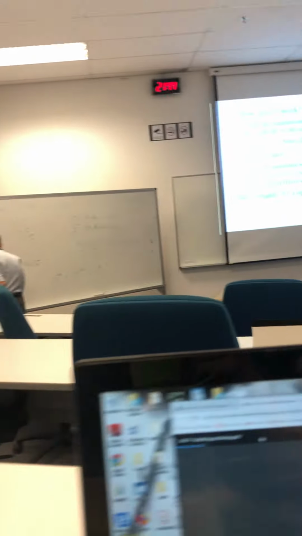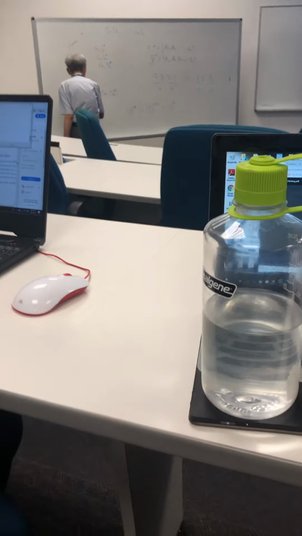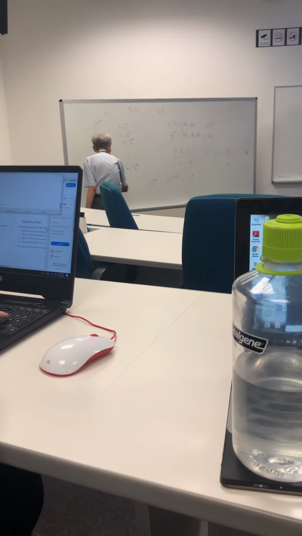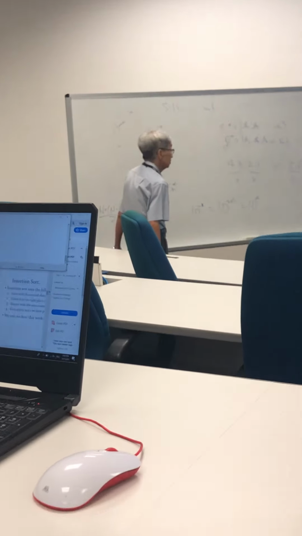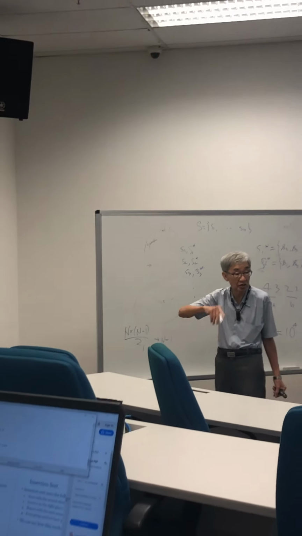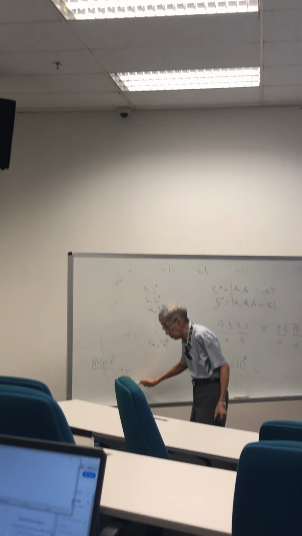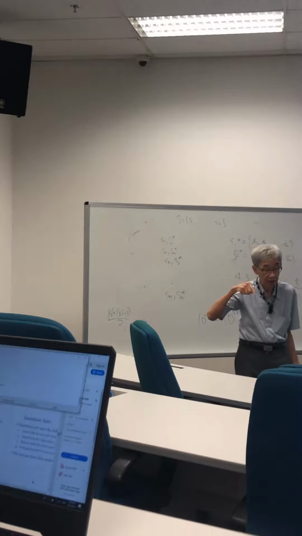N times n minus 1 divided by 2, plus n minus 1. This is to calculate the total number of operations, including swaps and comparisons.